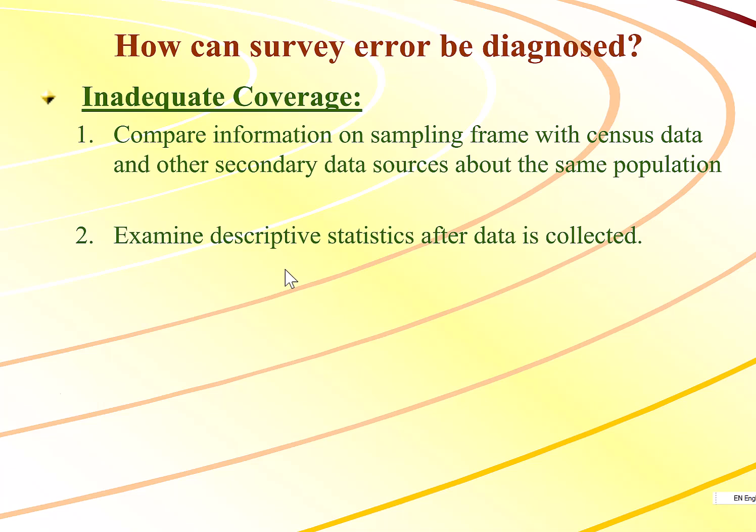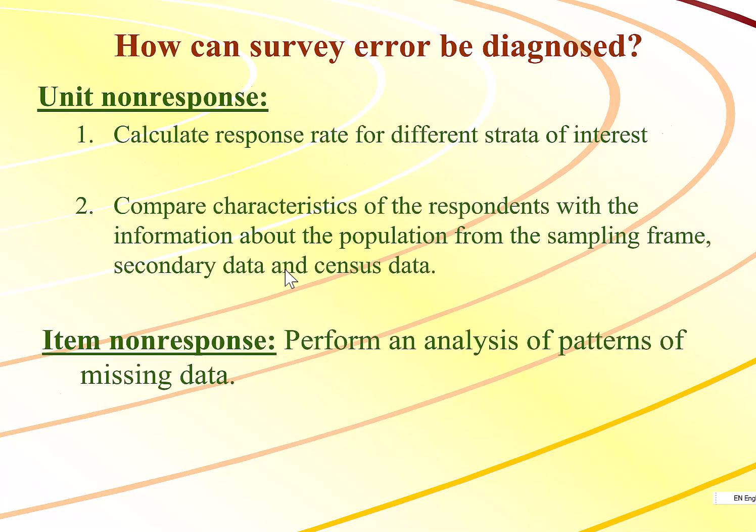How can you diagnose? This is not perfect. For adequate coverage, you can compare your sampling frame with census data and other secondary sources, and examine statistics for your sampling frame as compared to census. For unit non-response, you can look at your response rates and compare with population proportions that exist.